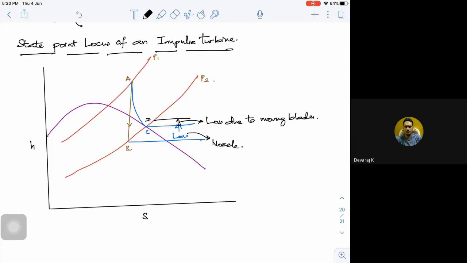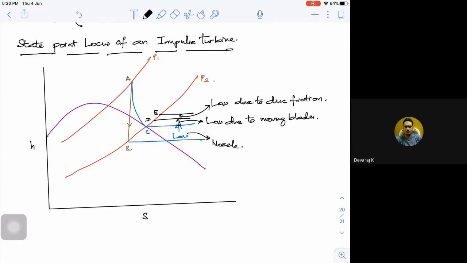Okay. Just now we discussed something called disk friction losses. Because of that, this point may move further up. If I take that also into consideration, those are losses due to disk friction. Now, what will be the actual expansion that's occurring?